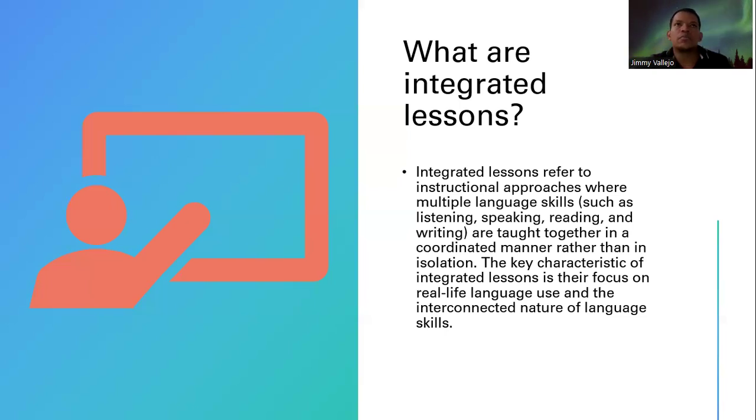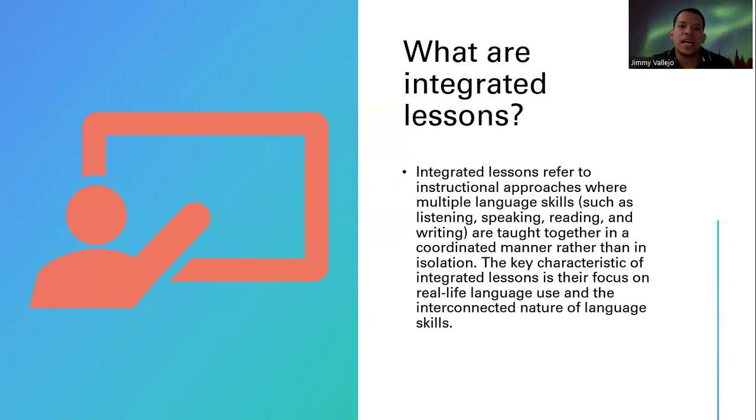That's why, as a teacher, I know that not in all our classes we have to teach all the skills together. There are listening classes, speaking classes, reading and writing classes. Each one of them has to be taught in isolation too.